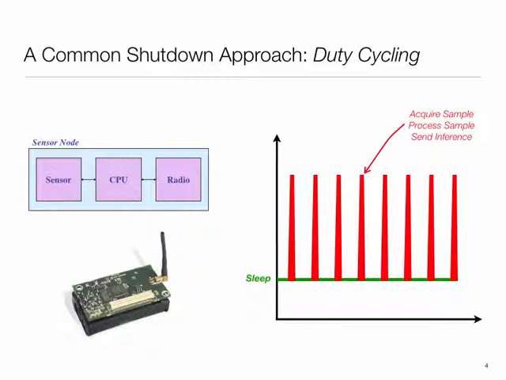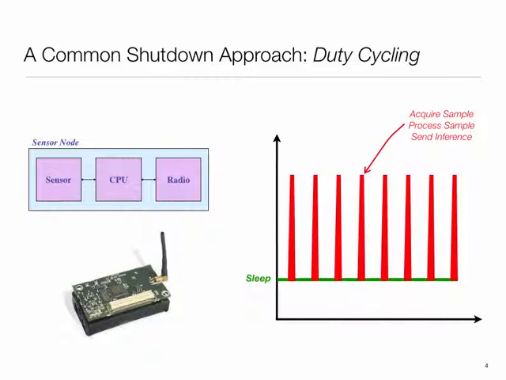So you might imagine, for example, I may have a sensor node observing something in the environment, looking for people entering into the room or things like that. Since people don't enter all the time, it will sleep and then wake up periodically.